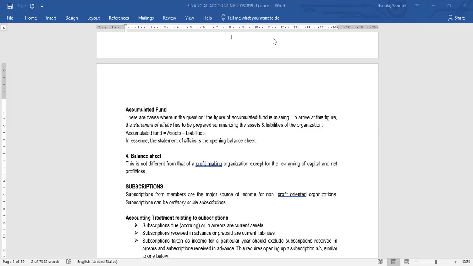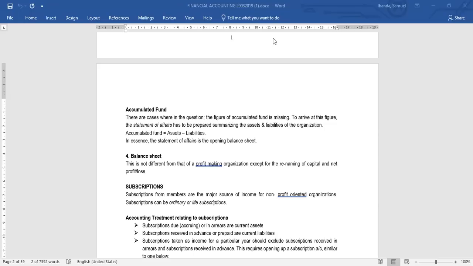Now, the portion that is recorded under current liabilities is only those subscriptions that relate to the period that is within 12 months, okay? Any subscriptions that cascade beyond the 12 months is, of course, recorded under long-term liabilities, okay?